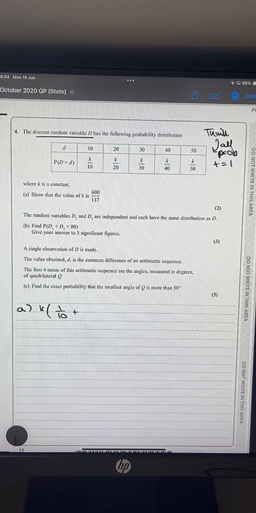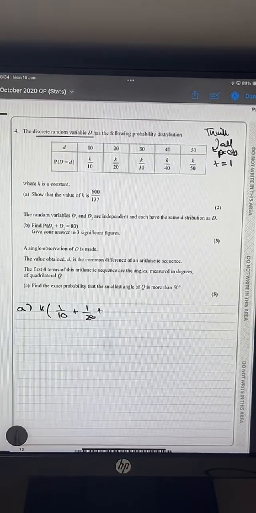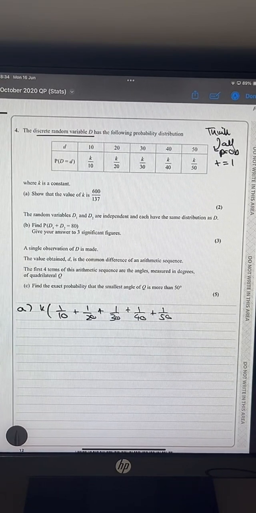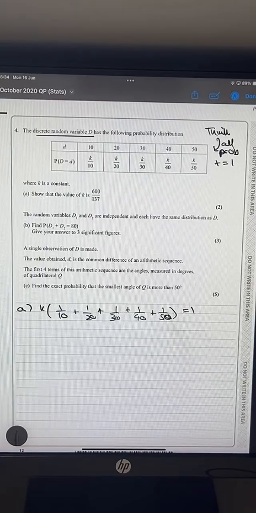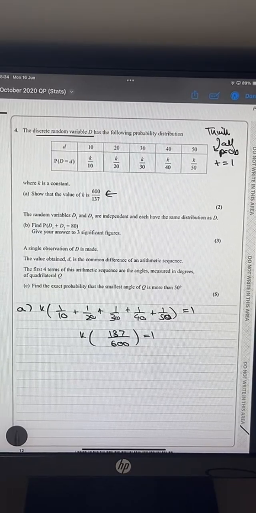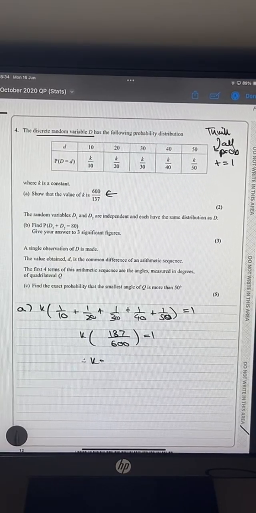It's 1/10 plus 1/20 plus 1/30 plus 1/40 plus 1/50. That is going to be equal to 1. So if I add all of these in my calculator, I get 137/600, which is looking nice because that's just the reciprocal. That's equal to 1. So therefore, k is equal to 600/137. Nice question there. You just need to know all probabilities add to equal 1.